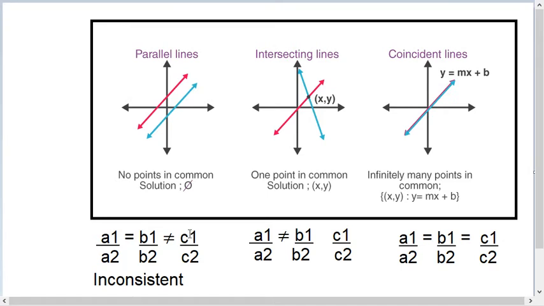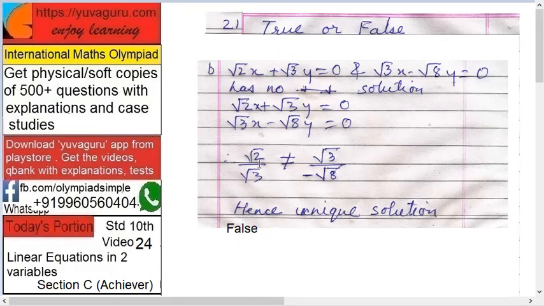If a1 upon a2 equals b1 upon b2 is not equal to c1 upon c2, then it is inconsistent, means no solution. If a1 upon a2 is not equal to b1 upon b2, then it has one solution, means one point. If a1 upon a2 equals b1 upon b2 equals c1 upon c2, then they overlap or coincide. Coincident lines, these are called.